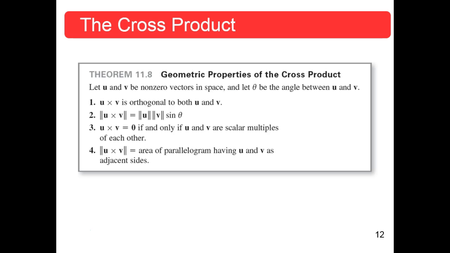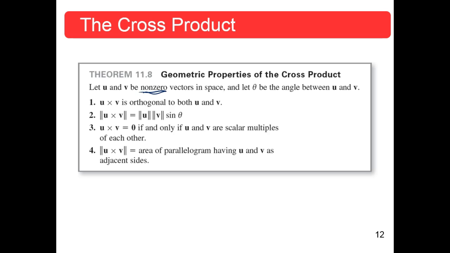Now, U cross V is equal to 0. Remember, U and V at the very top are said to be non-zero vectors. So if U cross V is 0, that's only true if they're scalar multiples of each other. In other words, they're collinear, along the same line, even though they may be in opposite directions.